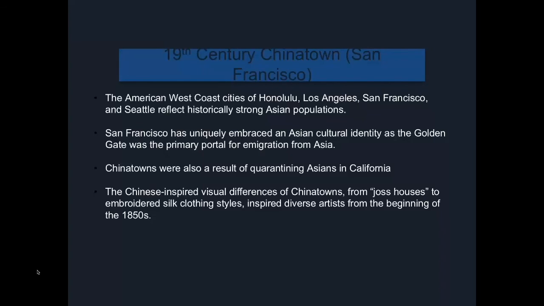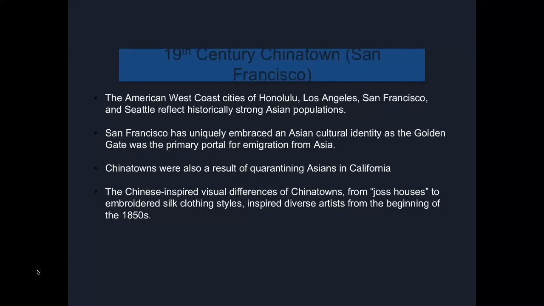Okay. So this is Chinatown, 19th century. This is the beginning of mass immigration from China, and there are Chinatowns developing in major cities such as Honolulu, Los Angeles, and San Francisco. A lot of Asian immigrants came as laborers, so they didn't have a lot of choices.